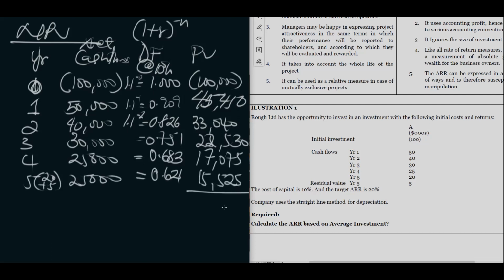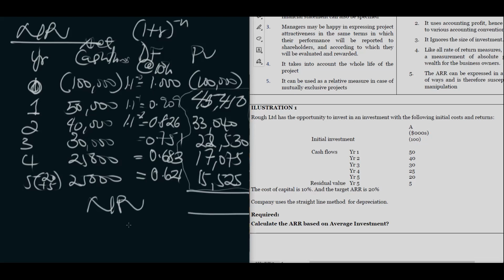So the same way, you can get the NPV straightforward here by adding all these cash flows and subtracting the initial investment. Which means that if you do 45,450 plus 33,040 plus 22,530 plus 17,075, plus 15,525. That gives you 133,620.